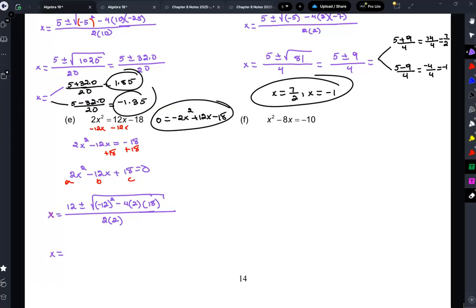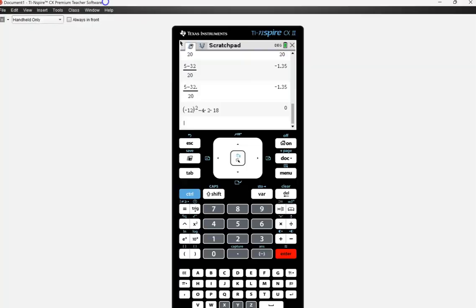So this is x equals 12 plus or minus the square root of some number over 4. Okay, so go ahead and plug that in. For this one, you do get 0.